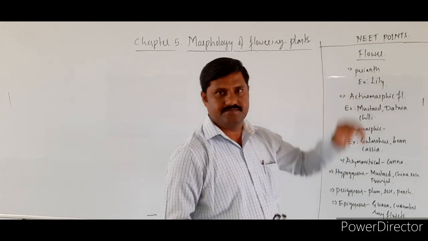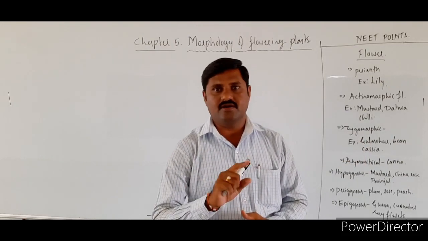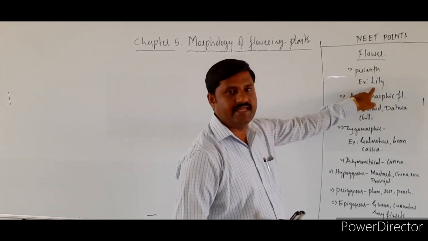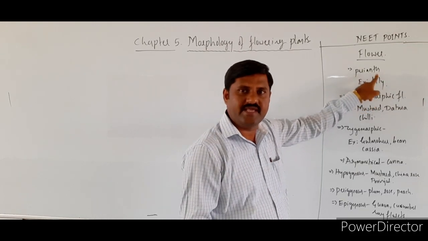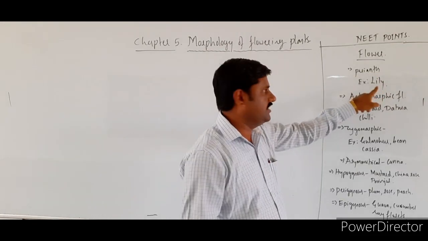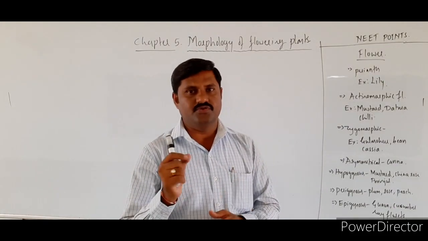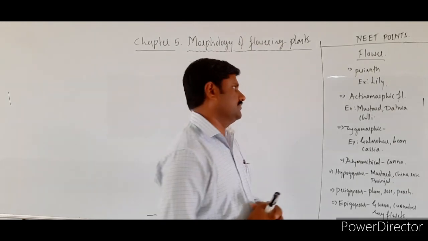Like perianth, as we have discussed, where calyx and corolla are not at all distinguished. The examples given in the NCERT book are very important. For perianth, NCERT mentions lily as the example. In monocots, usually the perianth condition is seen, as I have already mentioned.